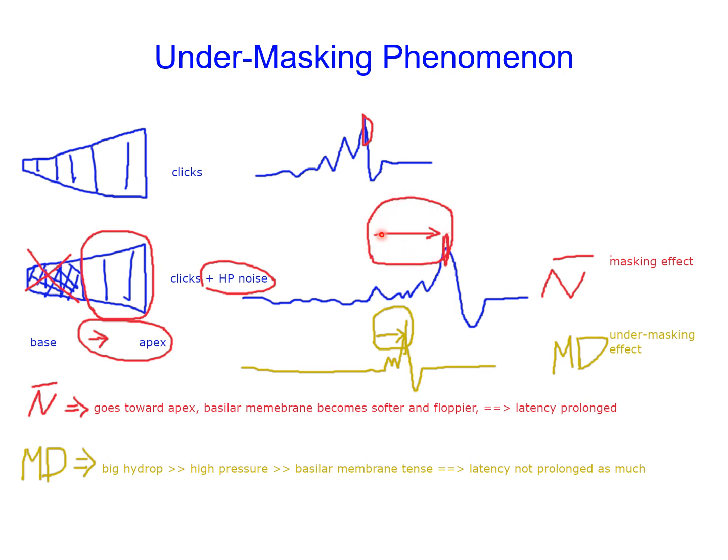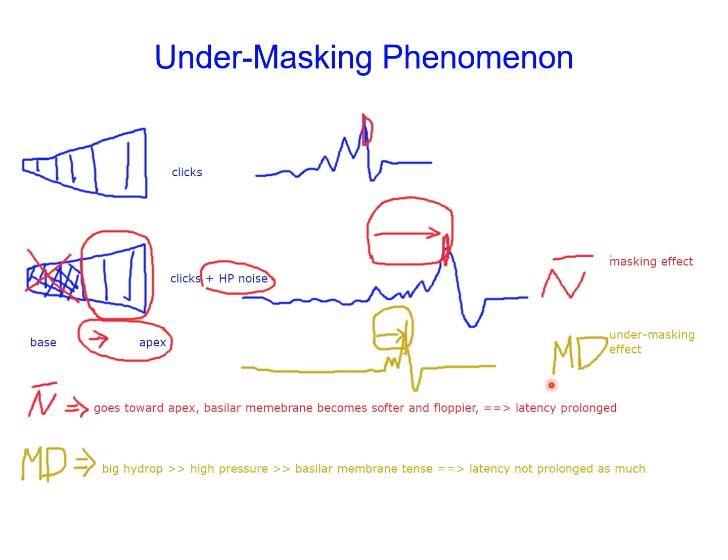In normal patients, we expect to see quite substantial prolongation in ABR wave 5. However, in patients with Meniere's disease, because of the big endolymphatic hydrops, high pressure, the basilar membrane gets tense, and the latency prolongation is not as much.